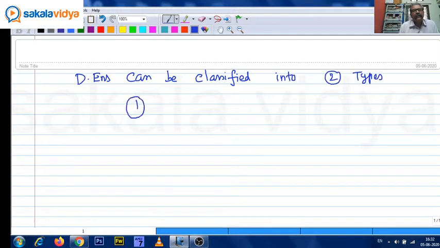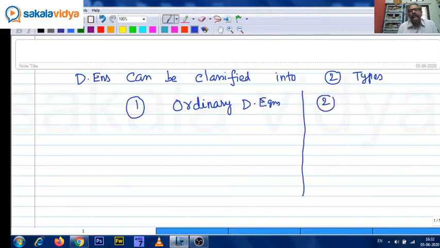can be classified into two types. One is ordinary differential equations. Second is partial differential equations. But our discussion is limited only to ordinary differential equations.